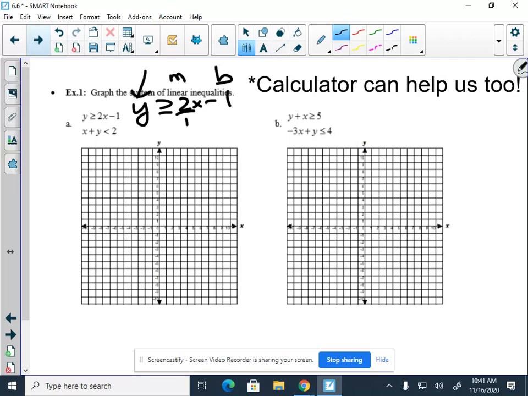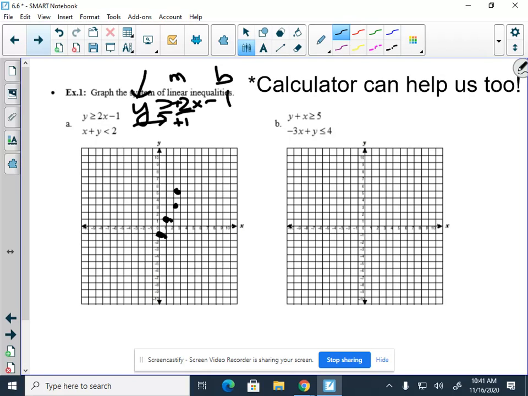You have your packet? Okay, so we go down 1, and we put a dot. From there, we're going to go up 2, right 1, and we can continue to do that. Now, as you read, this would read, y is greater than, so we would shade above.